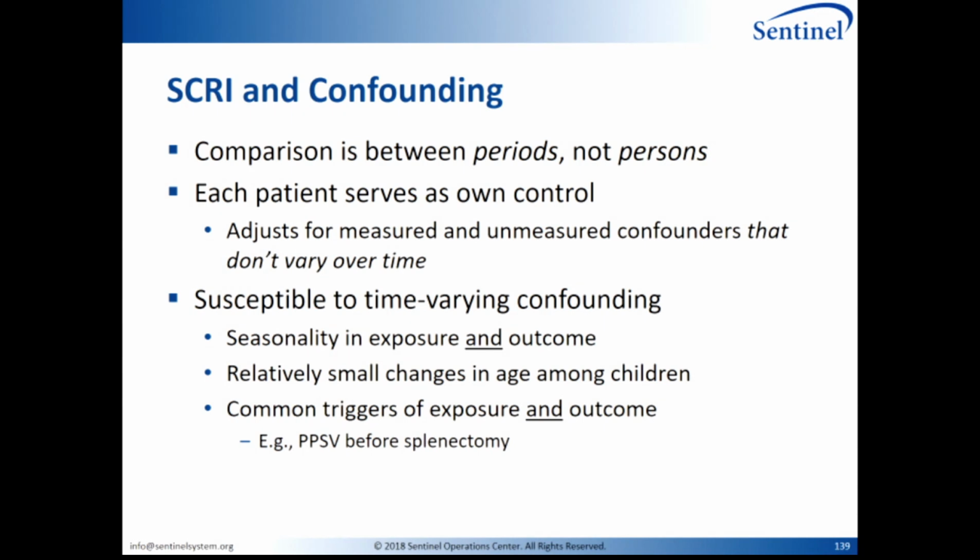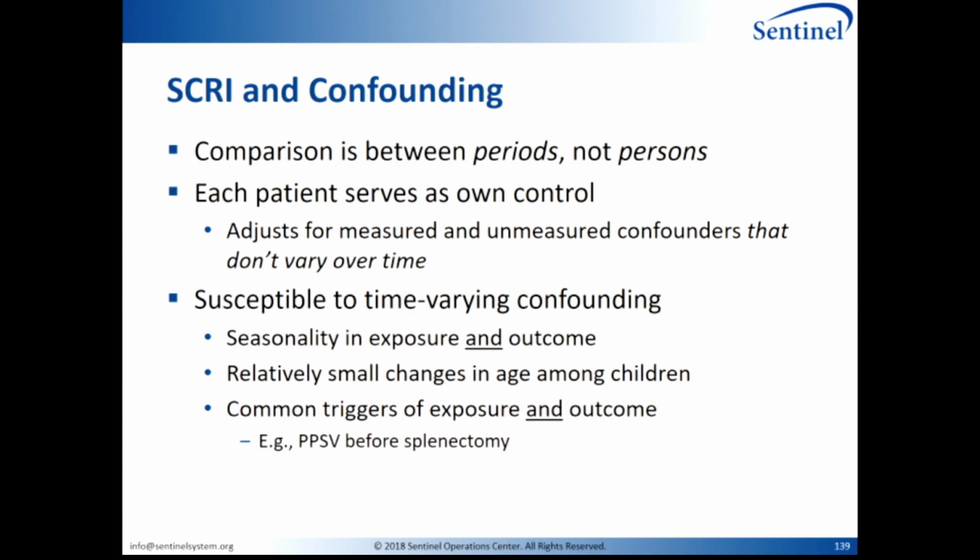An example that I've provided here is the PPSV vaccine, which is often given before a splenectomy. So what we need to think about here is that if you are vaccinated, it's very likely that right after that vaccination, you've received a splenectomy. And if we went into the SCRI design with the intention of assessing the effect of PPSV vaccine on some other outcome, not knowing about its prophylactic use before splenectomy, we may end up seeing a higher occurrence of some event that's just related to splenectomy.